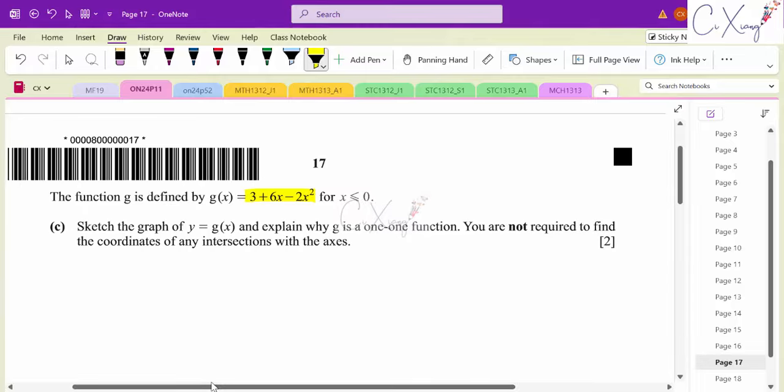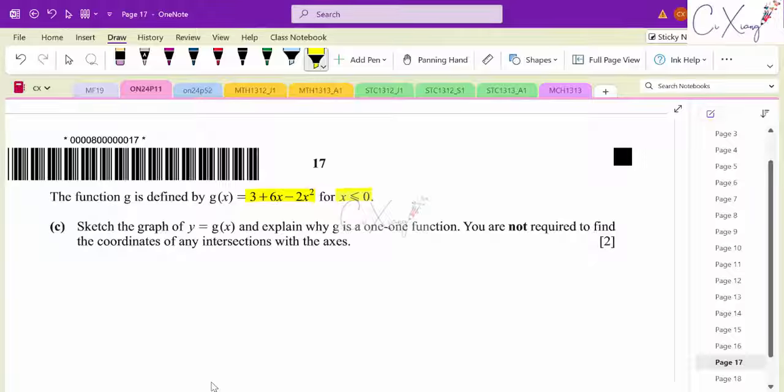The only thing different is the domain defined for the function. Now they want us to sketch the graph of y equals g(x) and explain why g is a one-to-one function. You are not required to find the coordinates of any intersection with the axes.